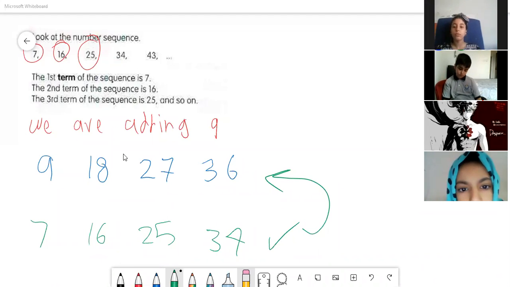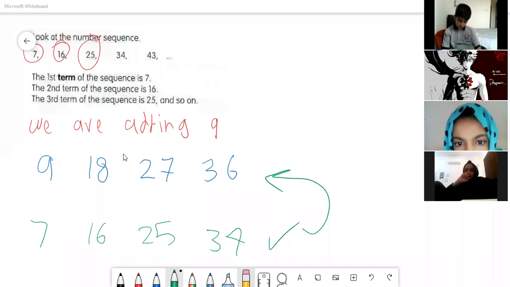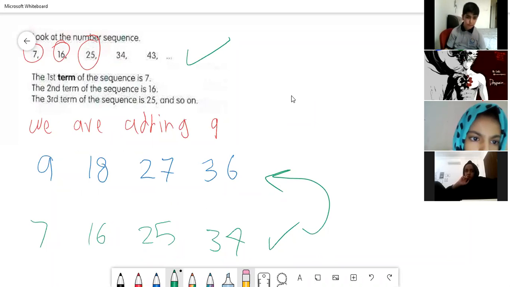All right, I'll repeat. We have a sequence, okay? In this sequence, we are adding 9 each time. From the first term to the second term, the third term, we are adding 9, 9, 9. Because we are adding 9, I'm going to place the multiples of 9: 9, 18, 27, 36, and so on.